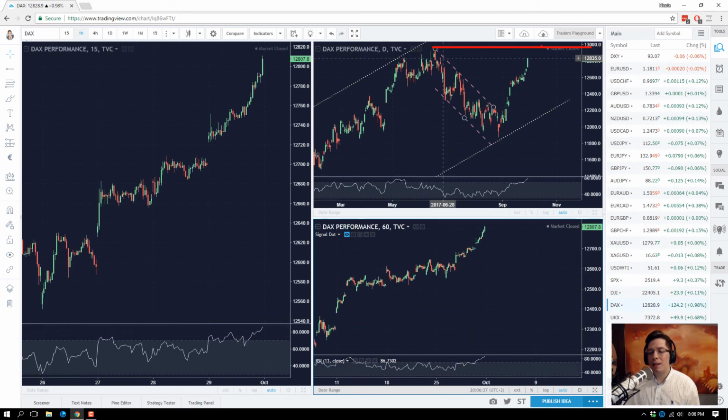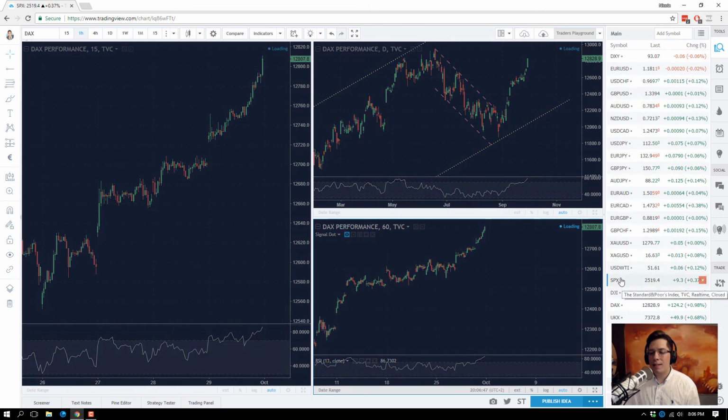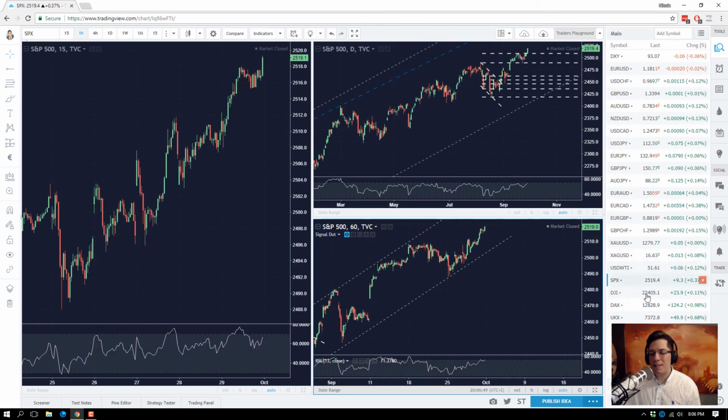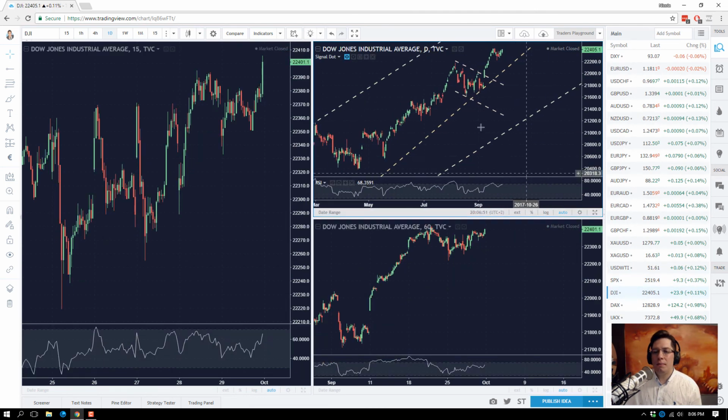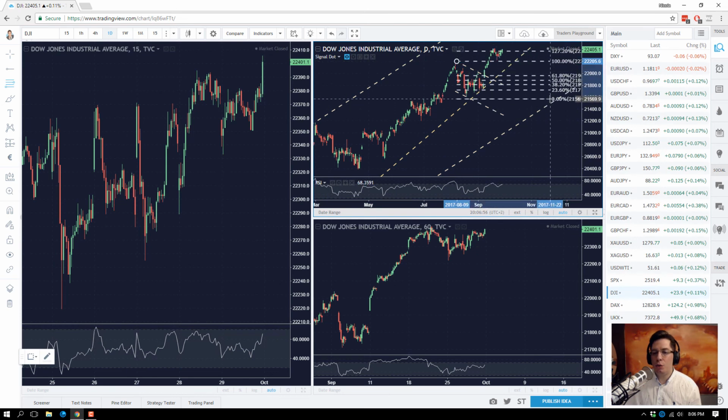DAX is not around the highs, at least. I mean, it is at the highs, but we are not at a new high, so we still have a little bit more room. If S&P reached 127.2, I definitely want to see the same thing in the Dow Jones.